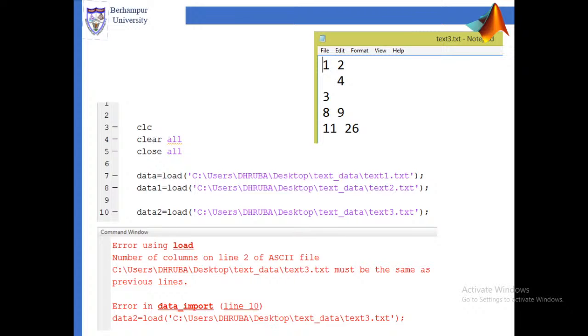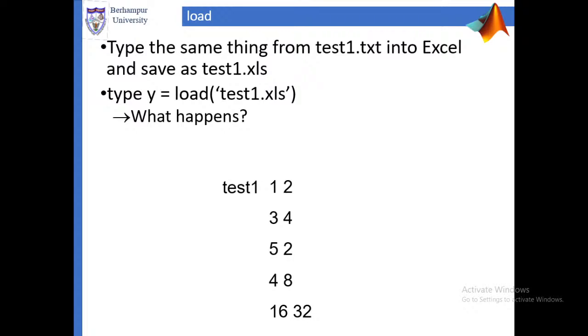Error in importdata. Importdata is an internal file in MATLAB. So when you try to load it, load calls the importdata file, and in the importdata file, line number 10, there is an error. So that error is here.